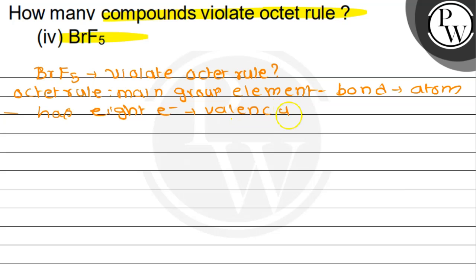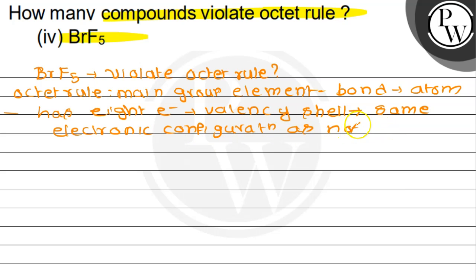Why do they tend to bond to have 8 electrons in their valency shell? Because it gives the same electronic configuration as a noble gas.